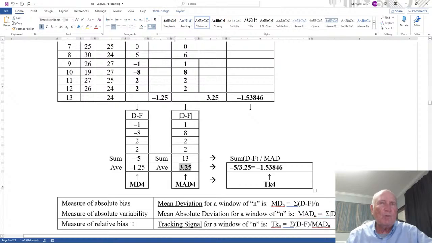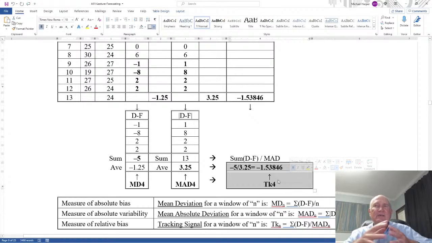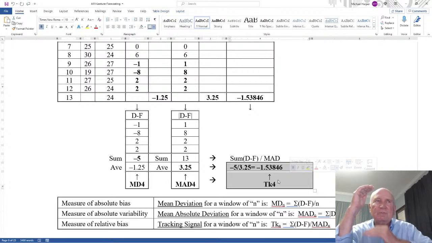Well, it's relative to what? As it turns out, it's standardized by the MAD, but it's relative to the window. In other words, it can be plus or minus, but the window represents the limit of the value. It's relative to a plus or minus 4. It can't be more than 4. It can't be less than a -4. So the window represents the range that the tracking signal can take on.